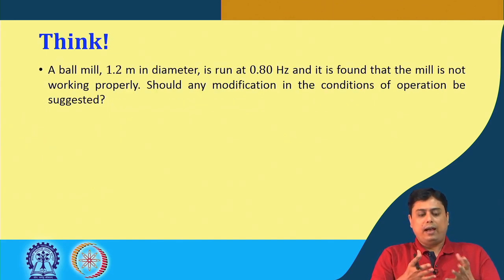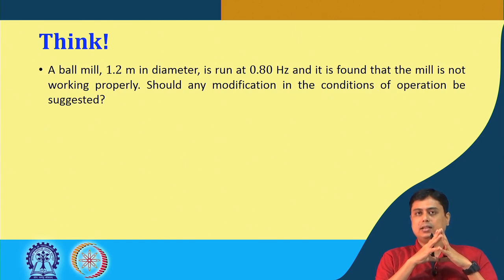So, if you have to think about these operations that I have discussed, say a ball mill of 1.2 meter in diameter runs at a frequency of 0.8 Hz, and it is found that the mill is not working properly. So, is there any modification needed? Can you suggest something?